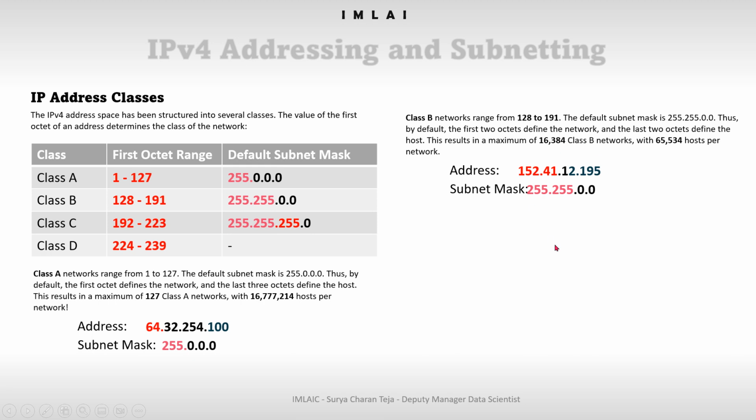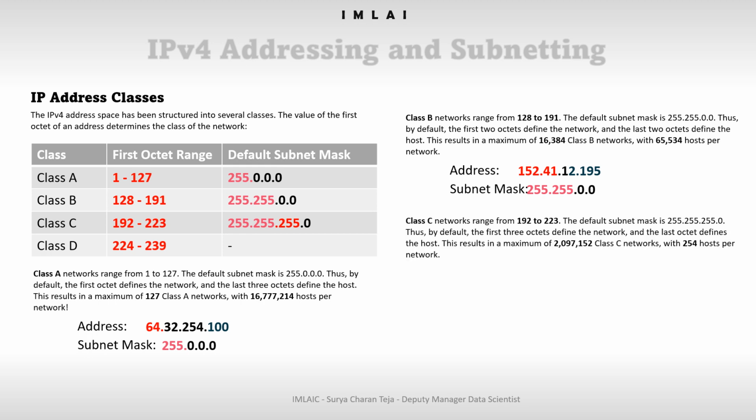Based on this logic, this subnet mask results in a maximum of 16,384 class B networks with 65,534 hosts per network.